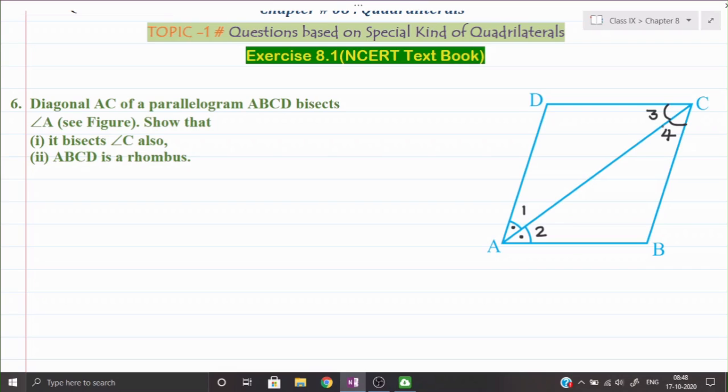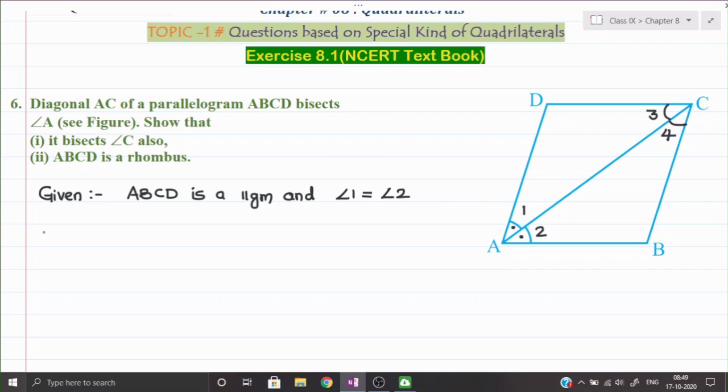First of all, we shall write down the given things over here. In the given, first we will mention ABCD is a parallelogram. And we can say that angle 1 is equal to angle 2, because it is given to us, it bisects angle A. So we are supposing 1 and 2 are equal.